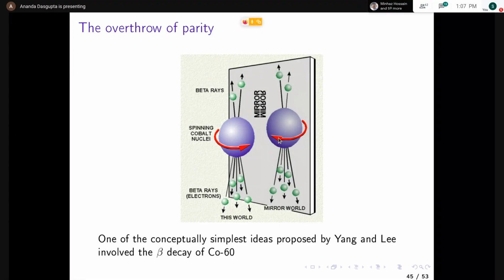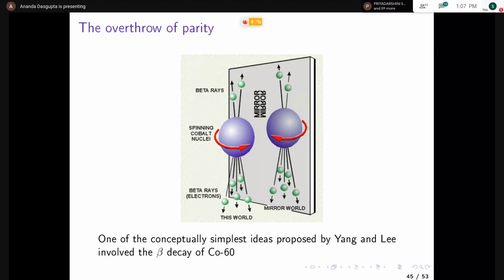So if all the cobalt nuclei were pointing in the same direction, and I should not be able to differentiate between the mirror reverse world and our world, I should be able to say that as many beta particles should be produced by the decay going in the direction of the spin of the nucleus as in the opposite direction.